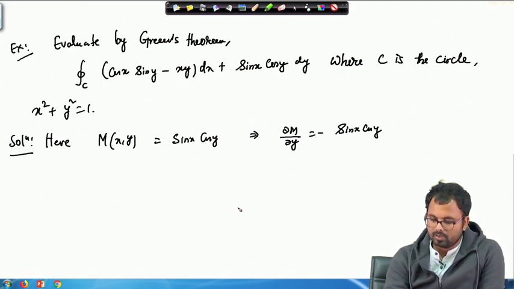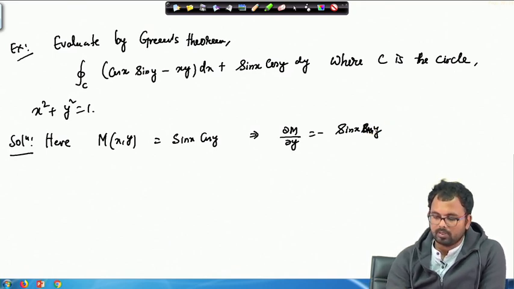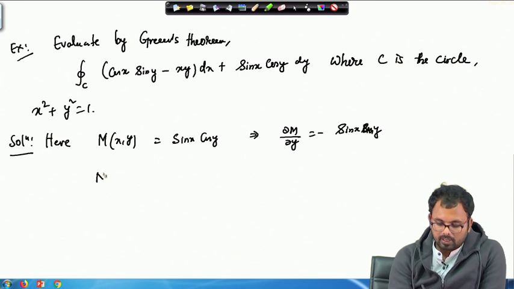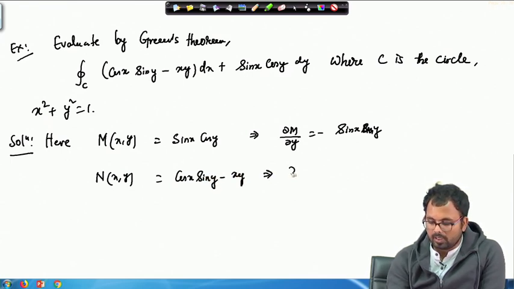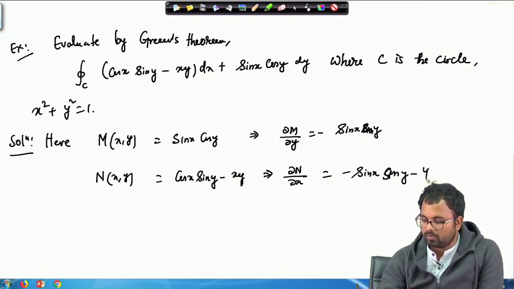If I differentiate, so this will be minus of sin x sin y. And n(x, y) is cos x sin y minus x y. So, this will be del n del x, and del n del x would be minus of sin x sin y minus y.